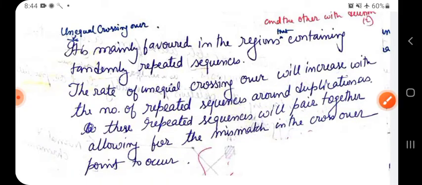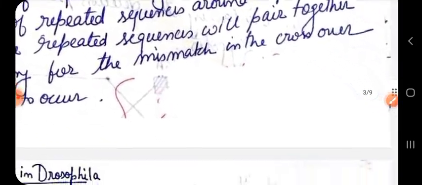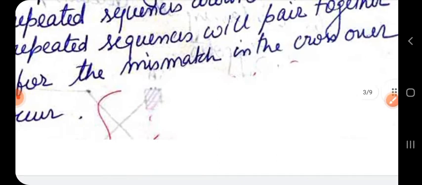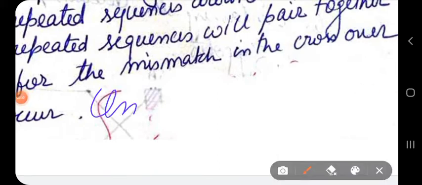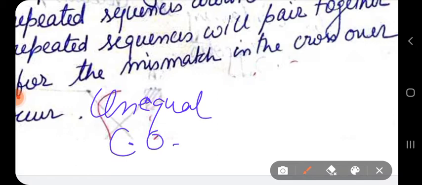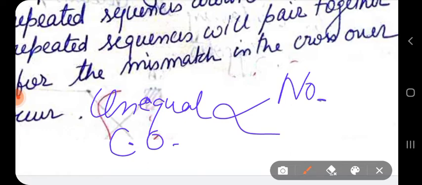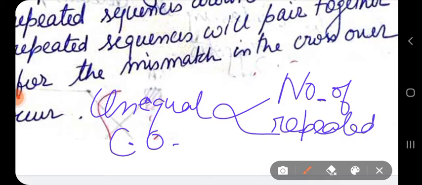So in my own terms, I can say that unequal crossing over, I'm writing CO, is directly proportional to the number of repeated sequences.